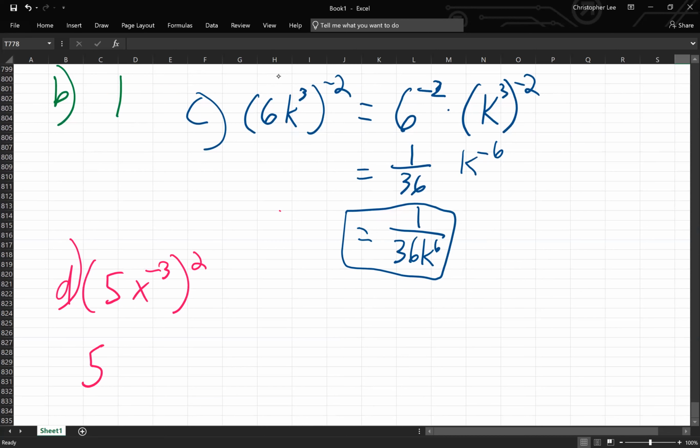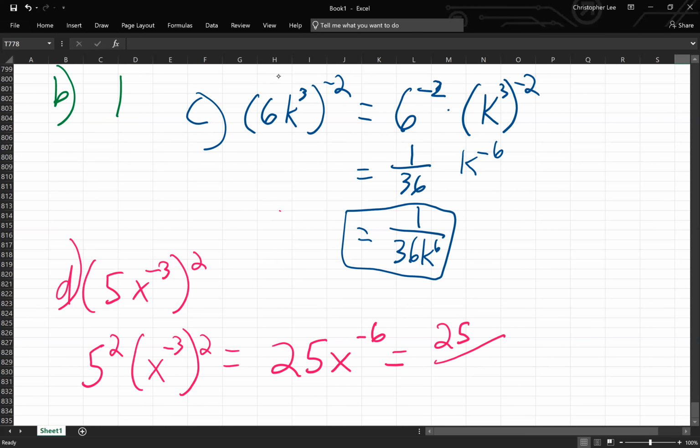So this becomes 5 to the second times x to the -3 raised to the second. Do the math on that. What's that? 25 x to the -6. Illegal for me to have negative exponents, so 25 over x to the 6. Question on that?